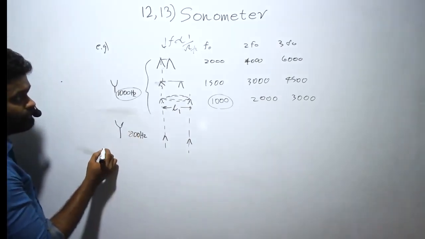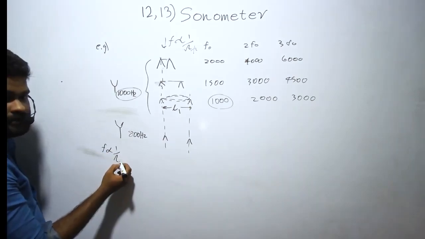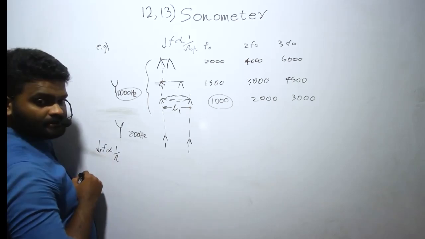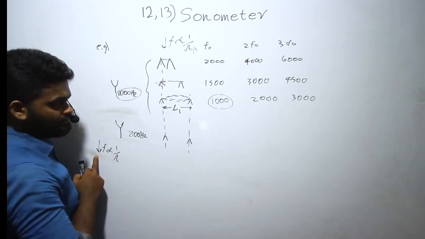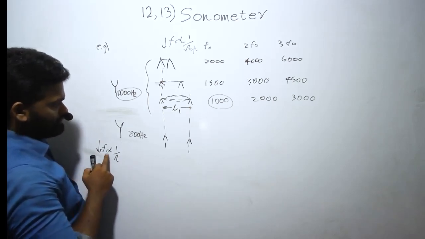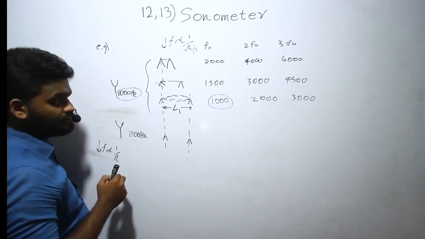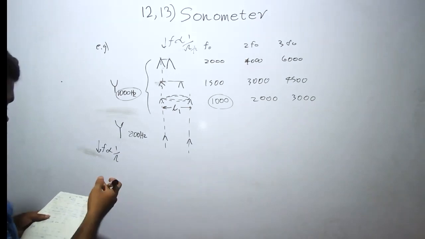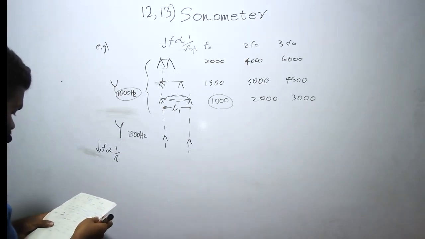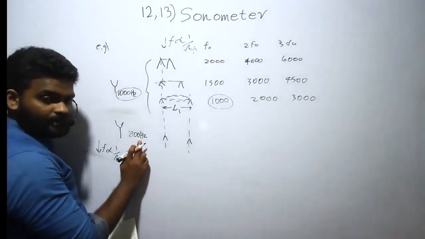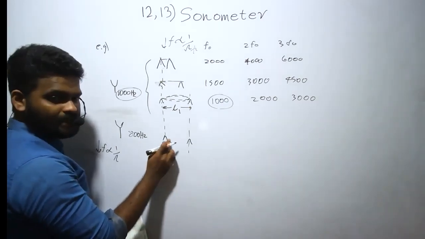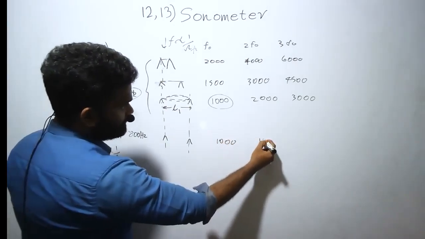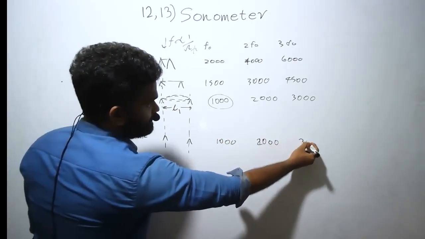Now, we know F is 1 over L. Now the frequency of the fork has decreased, but if you are keeping the same length, the wire is still 1000, and the overtones are 2000 and 3000.